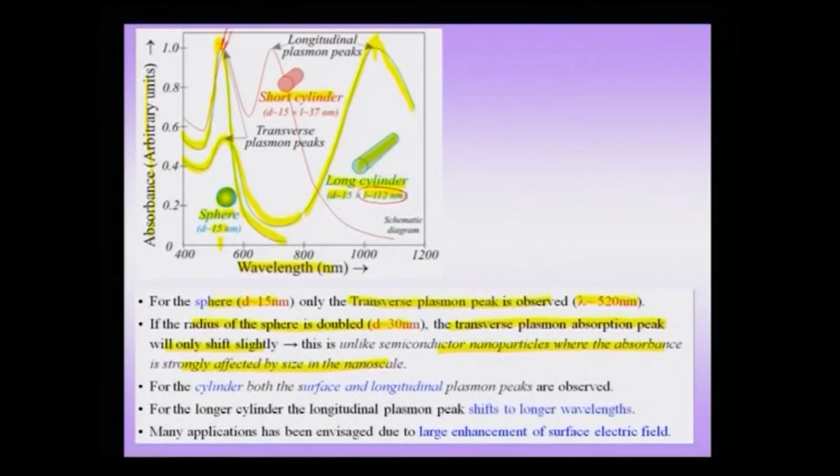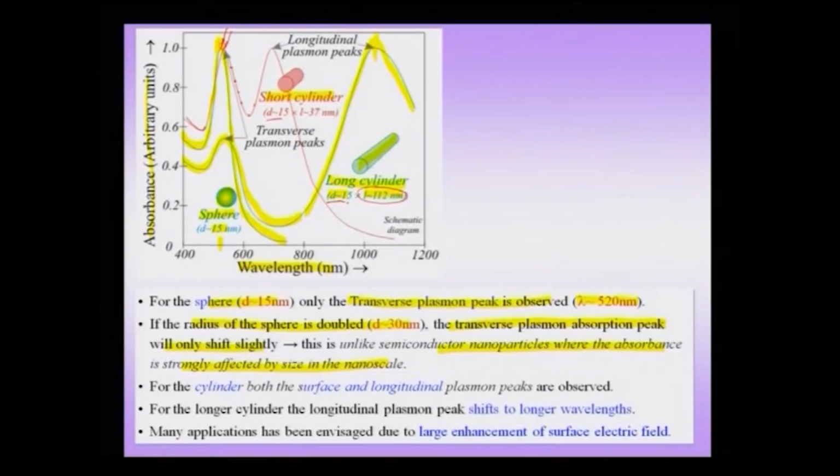Now, if I make the cylinder short, you can see there is a shift in the longitudinal plasmon peak, because that is along the length of the cylinder, which is what is sensitive. For the short cylinder, this is the red curve, and you can see that on the red curve the surface plasmon is in the same position, because if you look at the diameter of the long and short cylinder, they are the same.